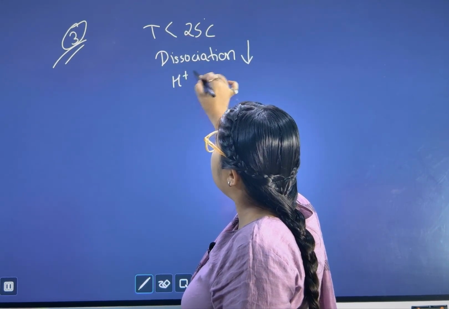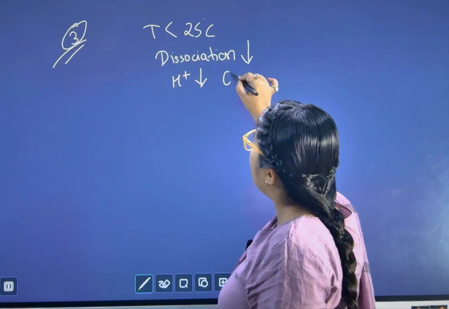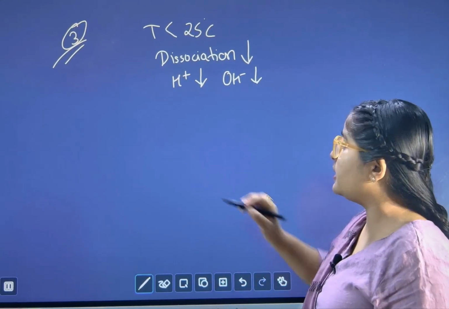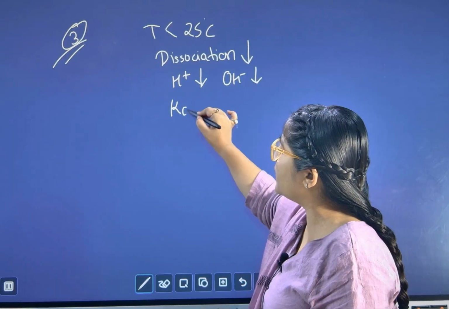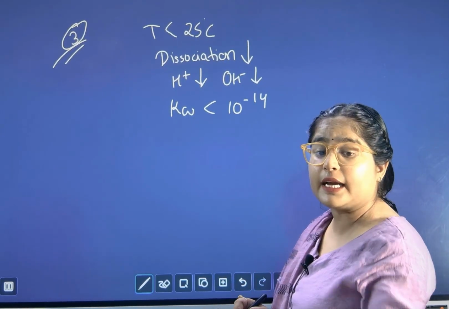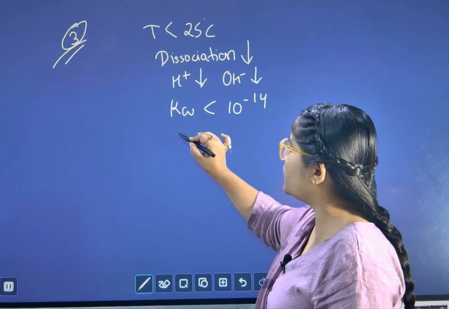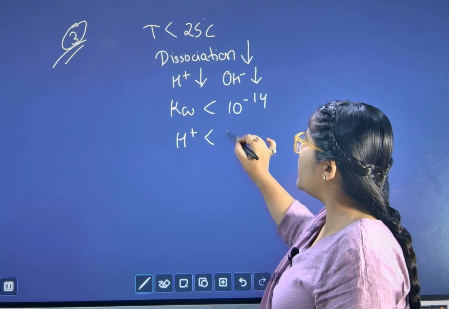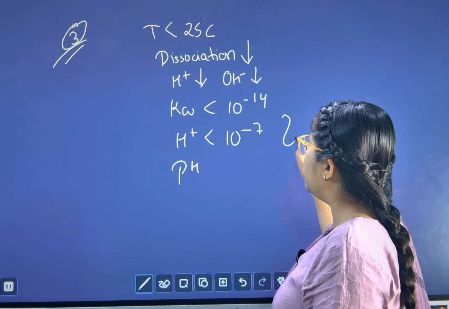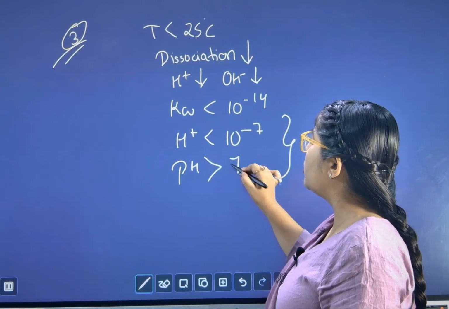So H+ and OH- concentrations will decrease, so the ionic product Kw will become less than 10 to the power minus 14. When Kw is less than 10 to the power minus 14, H+ will become less than 10 to the power minus 7, and by basic calculation pH will become more than 7.